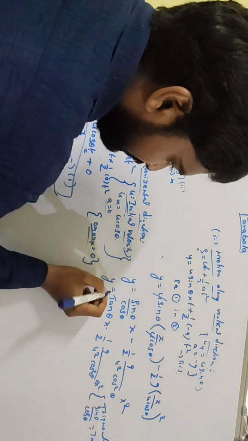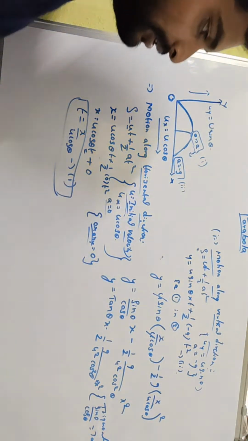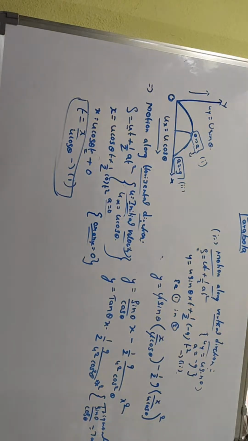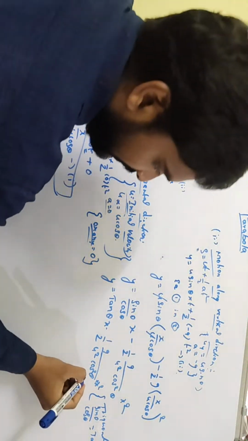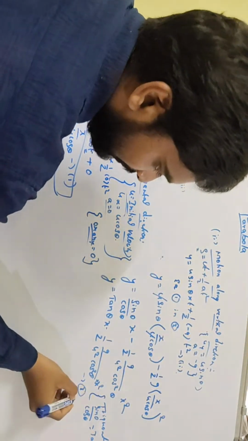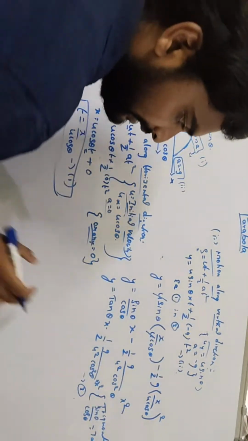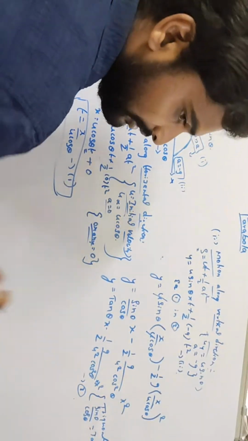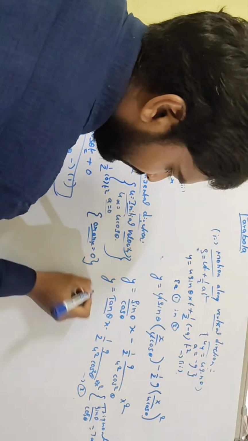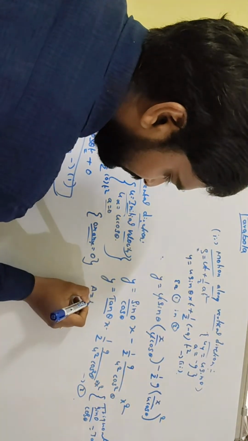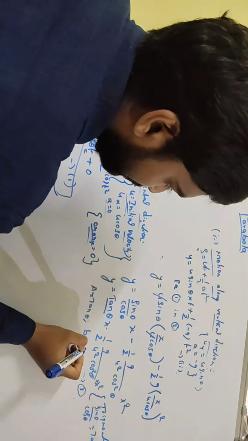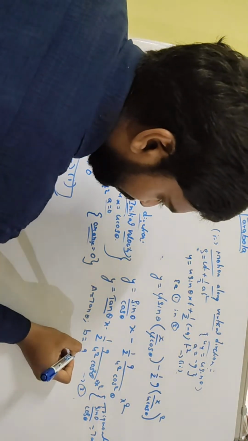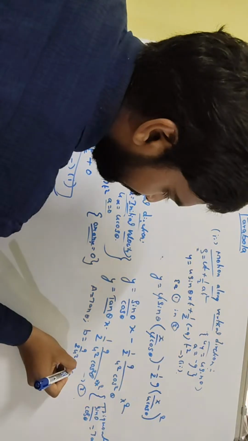So y is equal to tan theta x minus 1 by 2 into g by u square cos square theta into x square. So this is the final answer we get here, equation number 3. Clearly it shows that y is equal to, we are going to replace a as tan theta, a is equal to tan theta, and b is equal to g by 2 u square cos square theta.